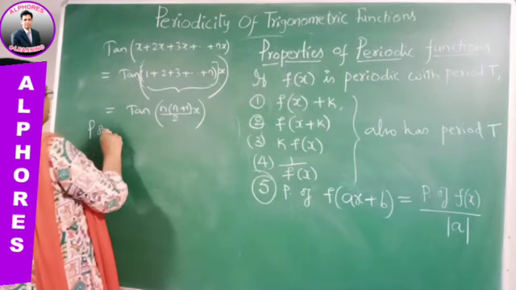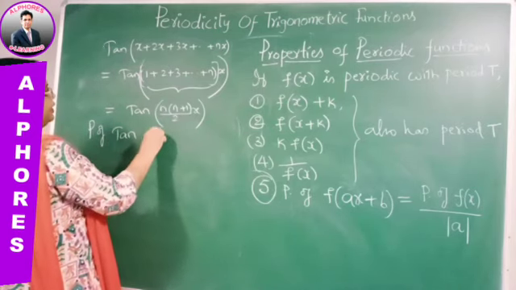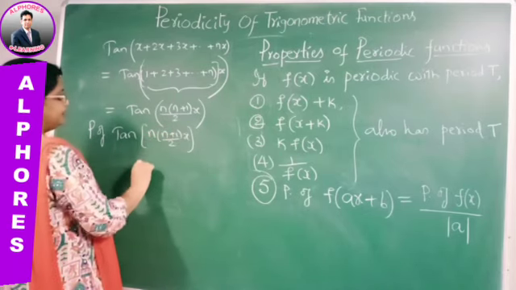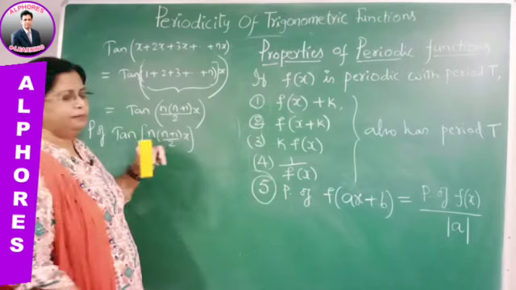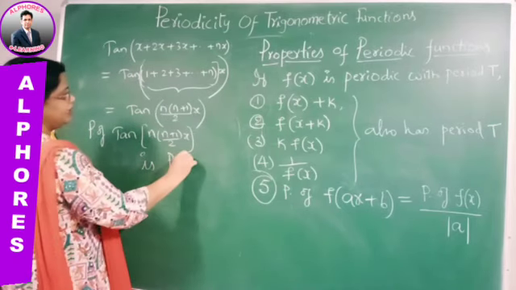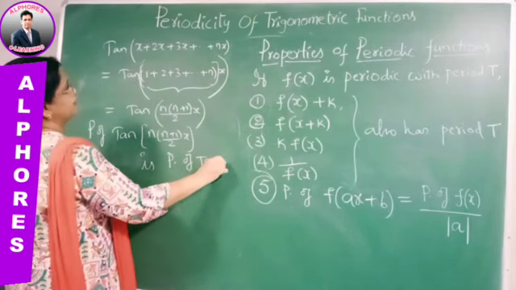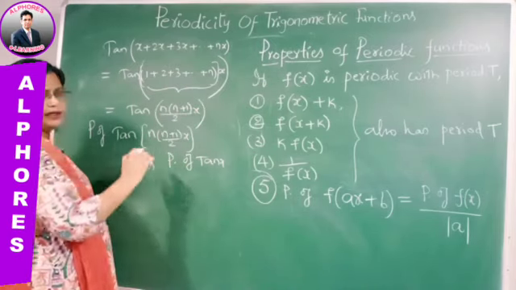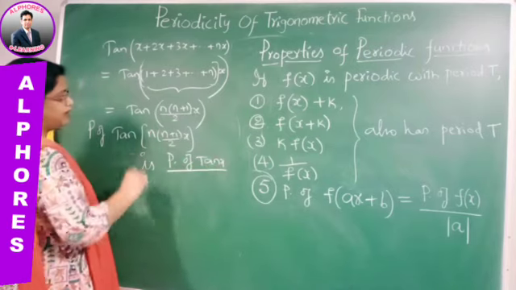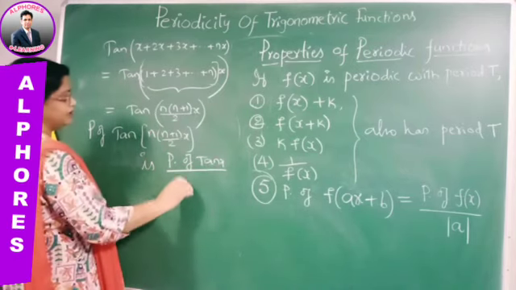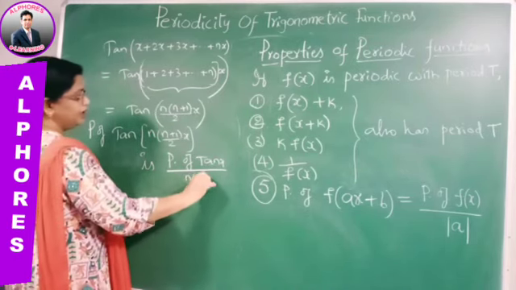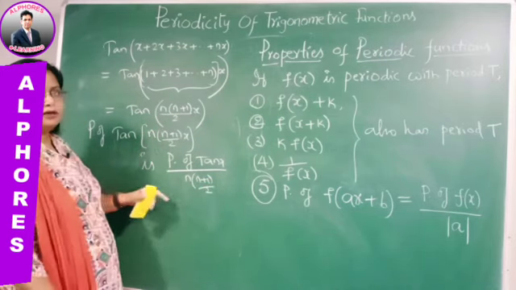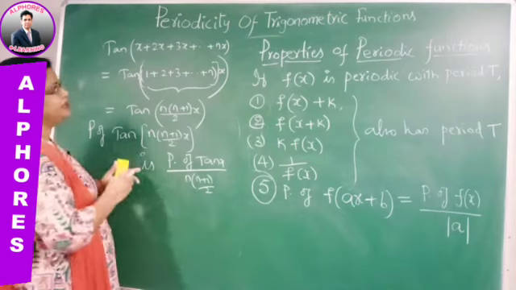Period of the given function, and we simplified. This is only the simplification part. This is nothing but period of tan x, the original function f of x. Once this is f of ax plus b, the original function, that is period of tan x divided by the coefficient of x, and that is n into n plus 1 by 2, and moreover it is positive, so I didn't put any minus symbol.